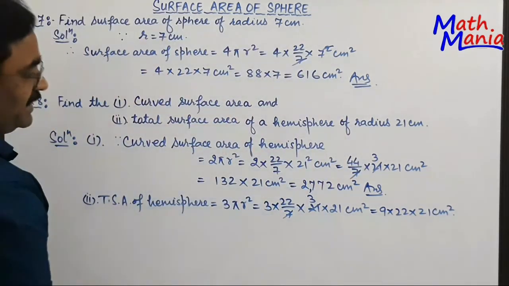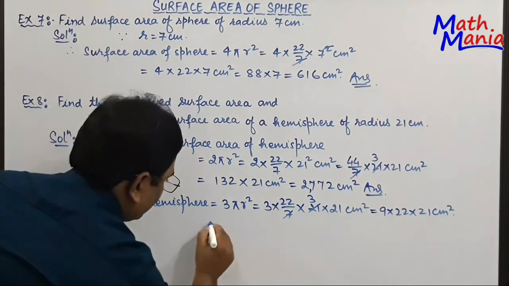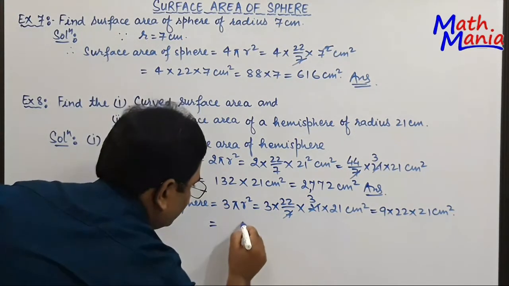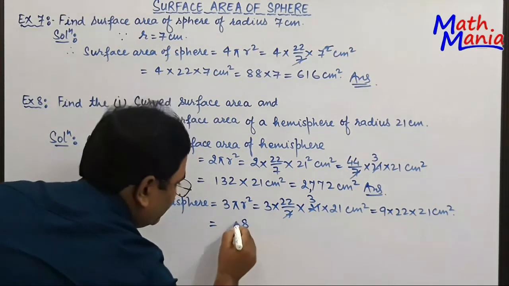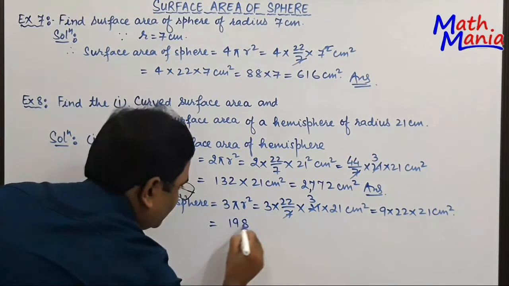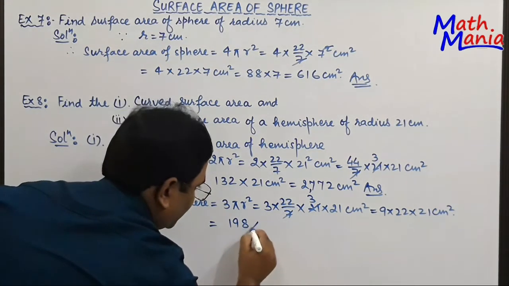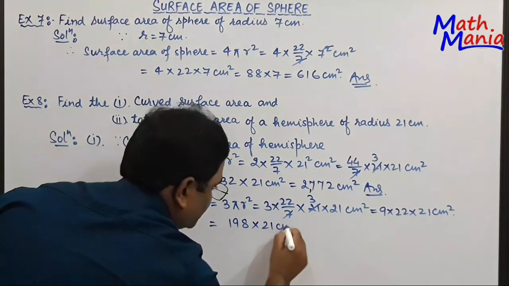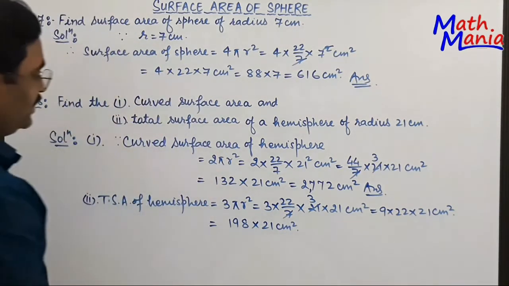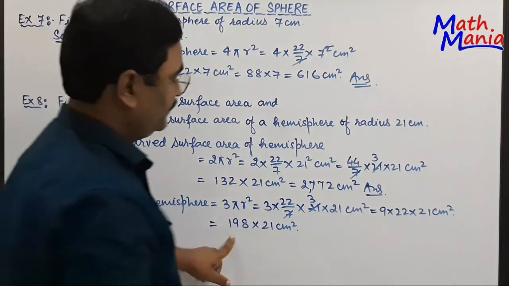So let's multiply it. 9 2's are 18, 9 2's are 18, 198 multiplied by 21 centimeter square. So let's multiply this as 198 into 21.